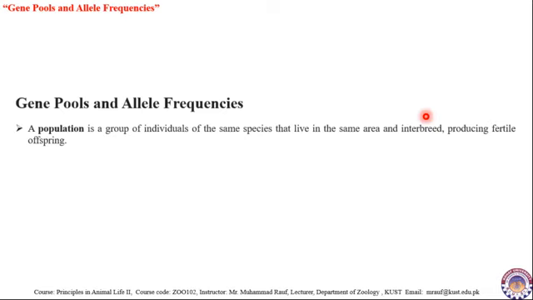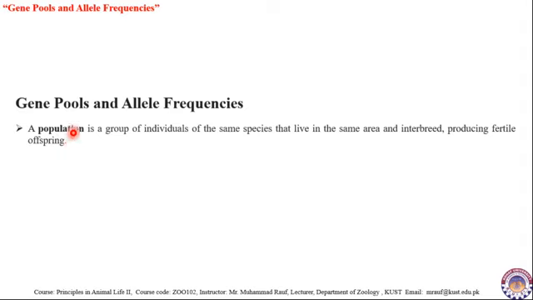Introduction. Gene pools and allele frequencies. A population is a group of individuals of the same species that live in the same area and interbreed, producing fertile offspring.